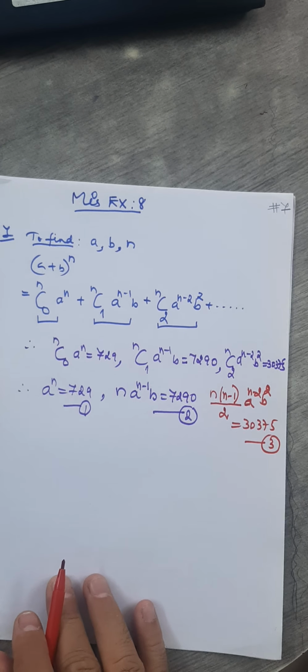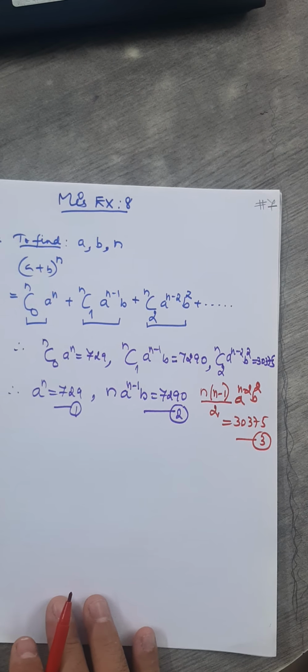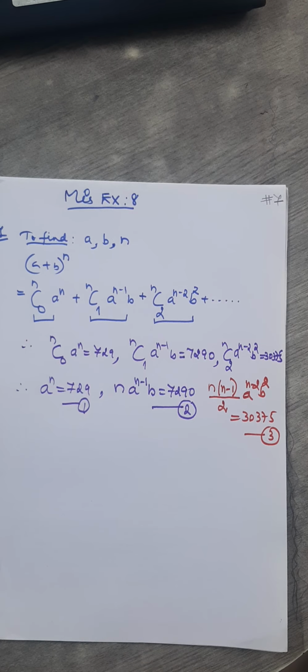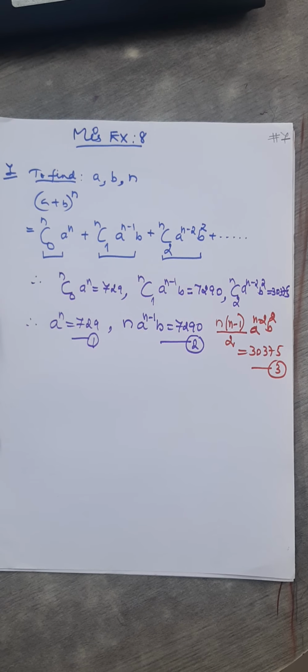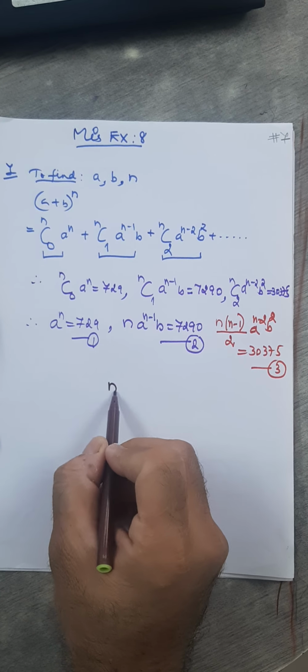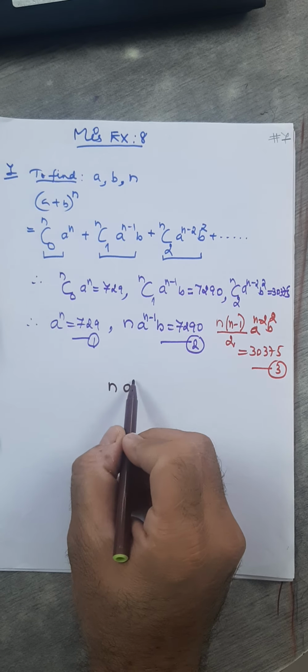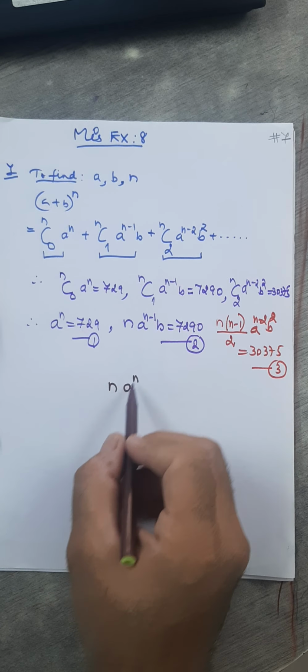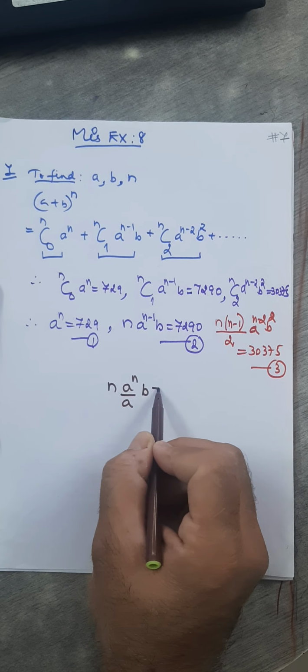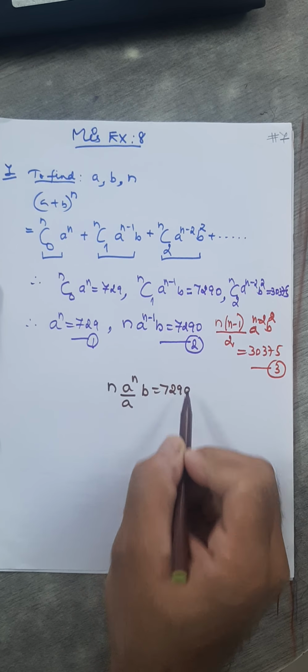So now we have these 3 equations, remember. We try to solve these 3 equations. Here equation 2 I can write like this: n into a raised to n, a raised to minus 1, which I'll write upon a, into b equals 7290.